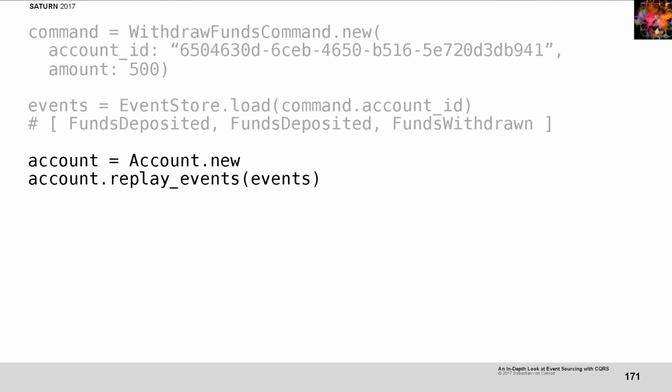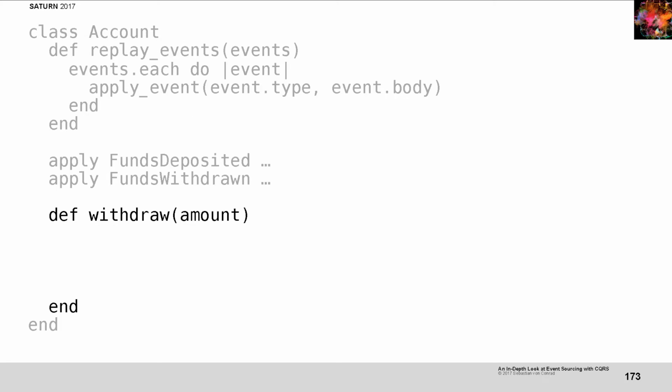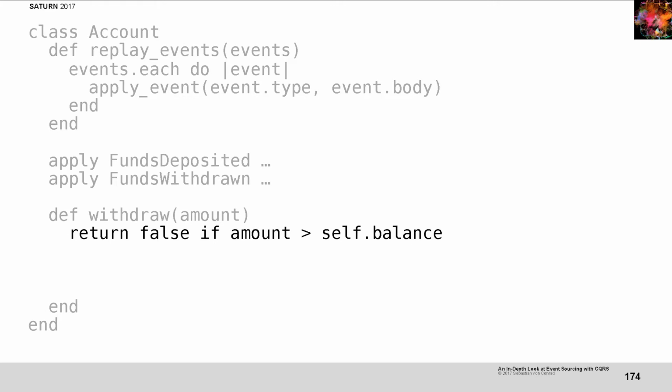So at this point, the account has a balance, which means that when we go to withdraw, which is the command itself, we just see if the amount is greater than the balance. If so, sorry, you can't do that, and we return false.